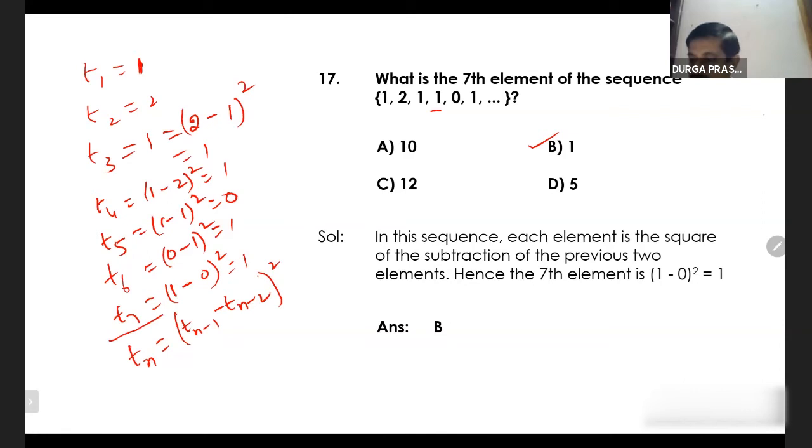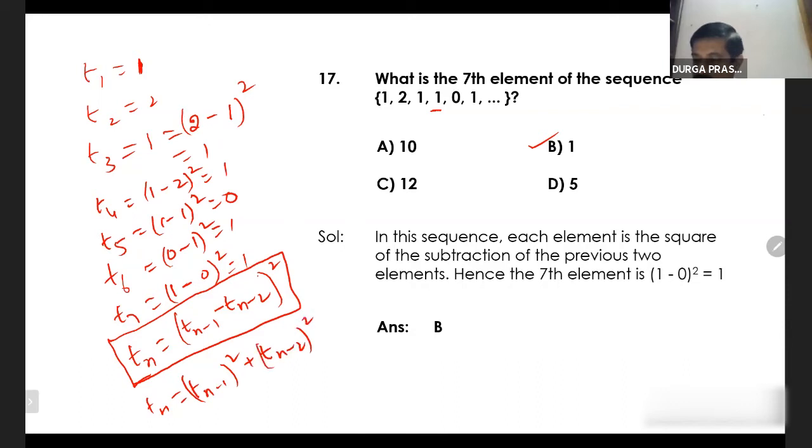This is the rule we have. Whereas in the previous problem, the rule was something else. It was Tn equal to Tn minus 1 whole square plus Tn minus 2 whole square.